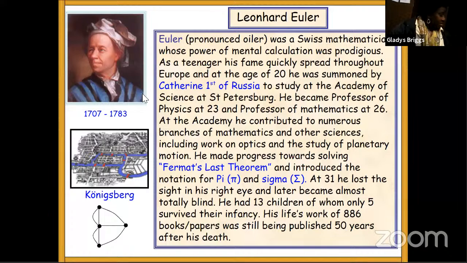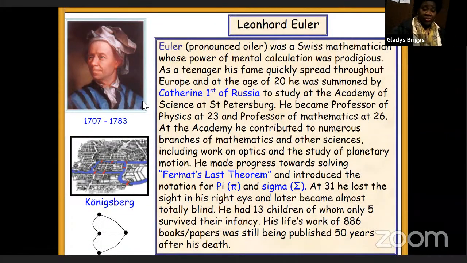And so let me go through this with you. Euler was a Swiss mathematician whose power of mental calculation was prodigious. As a teenager, his fame quickly spread throughout Europe, and at the age of 20, he was summoned by Catherine I of Russia to study at the Academy of Science at St. Petersburg.